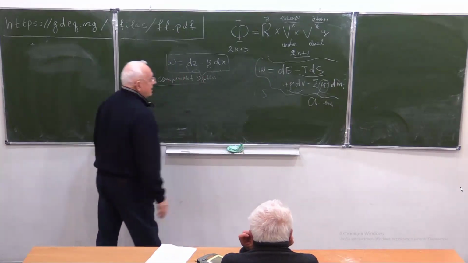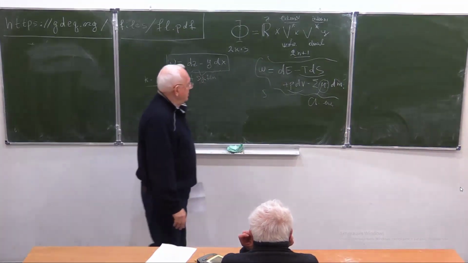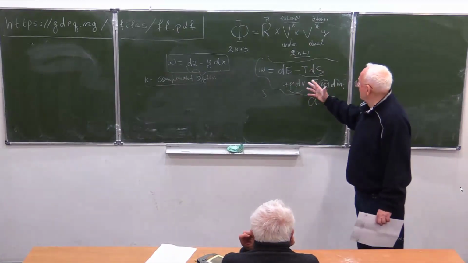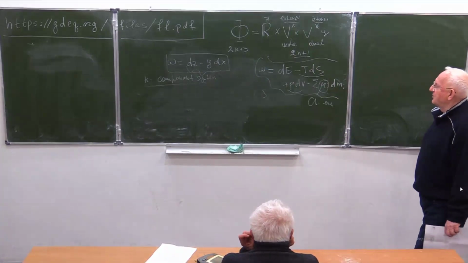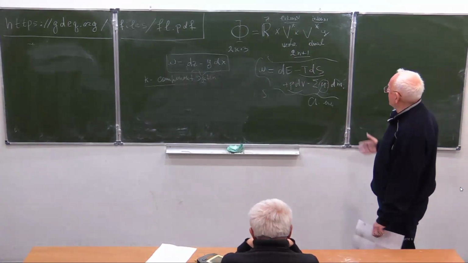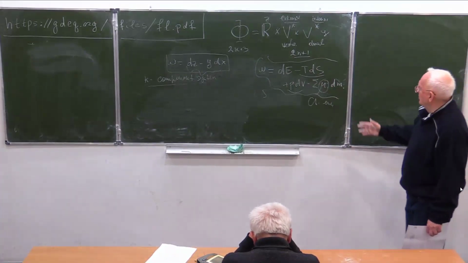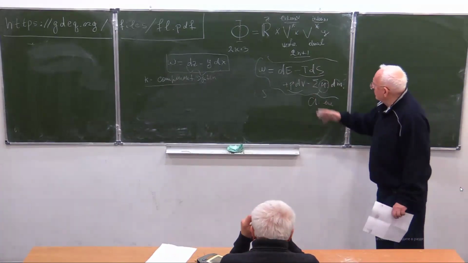And practically, what's going on is you are trying to get some information about the thermodynamics of your system, really what happens with the inner energy, with temperature, with, say, masses and so on, just looking at this form.